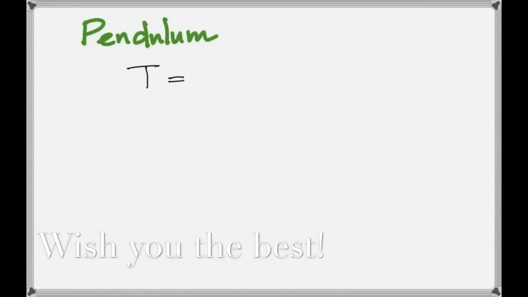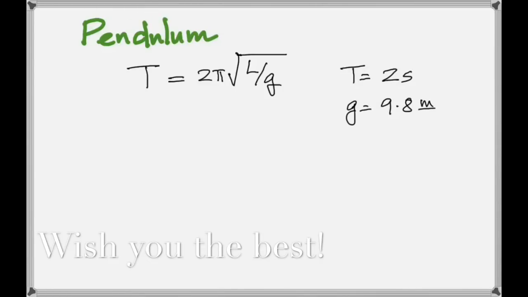Simple pendulum. Have you heard of a pendulum? What is the formula for time period of a pendulum? That's oscillations. That's our last chapter. 2 pi square root. So if the time period is 2 seconds and g is 9.8, can you find the length? Go ahead. Time period is 2 seconds, g is 9.8.